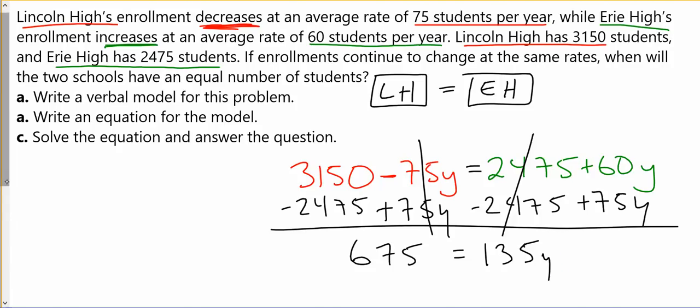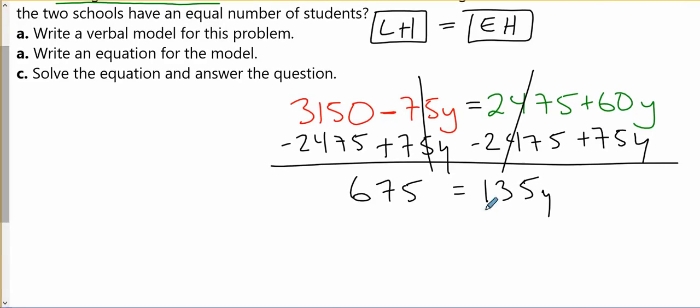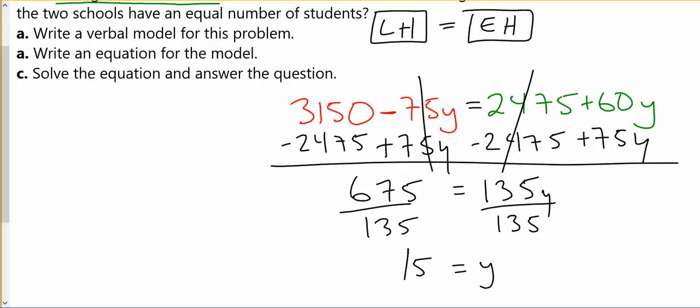So what are we going to do? We'll divide by 135. So y equals 5. That means after 5 years, we're going to have the same amount of students.